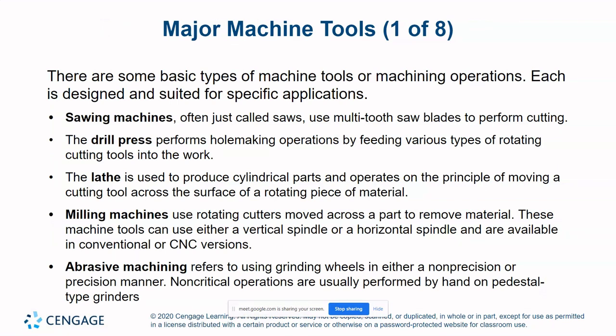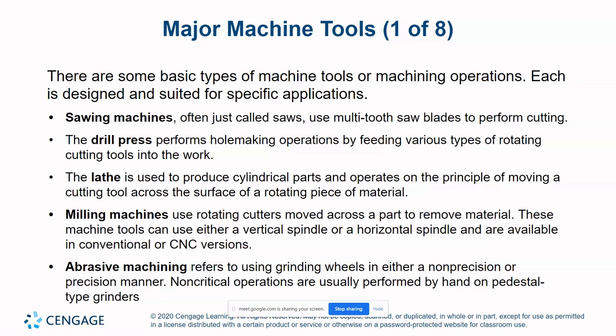Major machine tools. There are some basic types of machine tools or machining operations. Each is designed and suited for specific applications. Sawing machines, often just called saws, use multi-toothed blades to perform cutting. Most of you are familiar with those. The drill press performs hole-making operations by feeding various types of rotating cutting tools into the work.